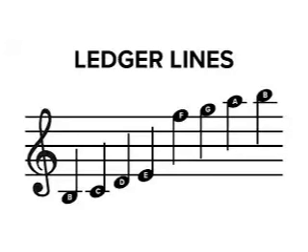Ledger refers to anything that's outside the normal naming of the staff. So remember, a staff has five lines and four spaces. Anything beyond that becomes ledger. So the G, which is the space above the treble staff, becomes a ledger space.